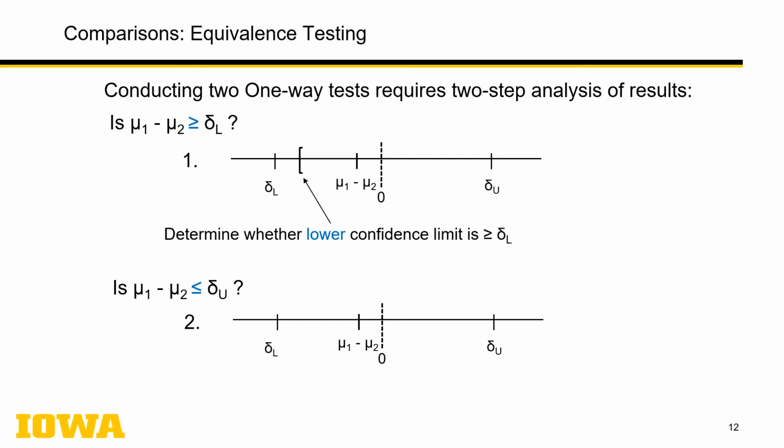So we passed that test. And then we do the upper confidence limit and determine whether it is less than the upper delta. And again, here it is. Therefore, we can state with 95% confidence that the mean difference between our two instruments is within the equivalence range that we have predetermined, and therefore we can call them equivalent.